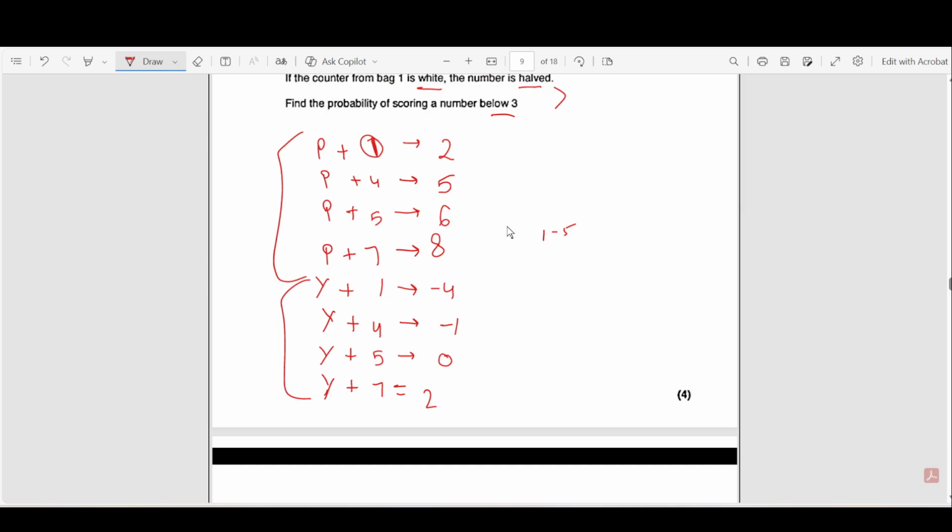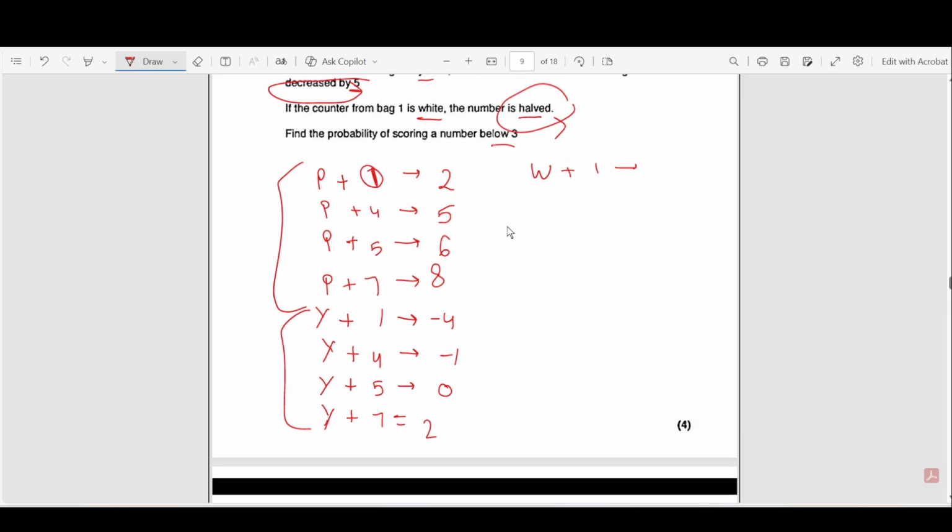Now next one is white. Suppose I get white from bag 1 and counter 1 from bag 2. For white the number is halved, so half of 1 is 0.5.